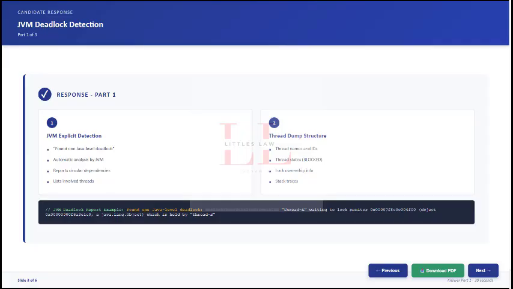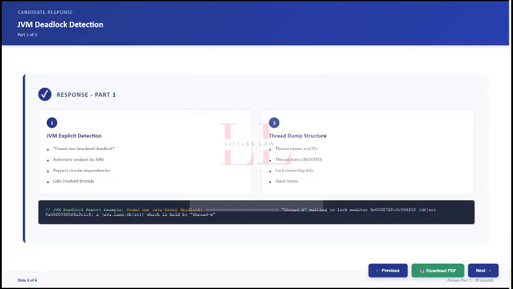That's the first thing. And then let's talk about what we see in that report. Each deadlocked thread gets listed with its full name, like http-nio-8080 with the port number, exec, and then a number like 47 or 48, or pool-3-thread-12, or whatever your multi-threaded naming convention is.